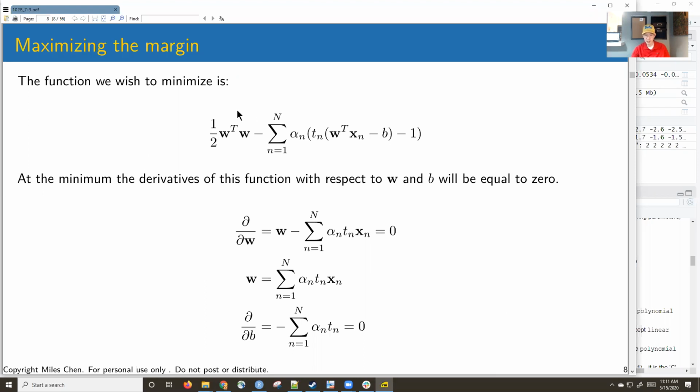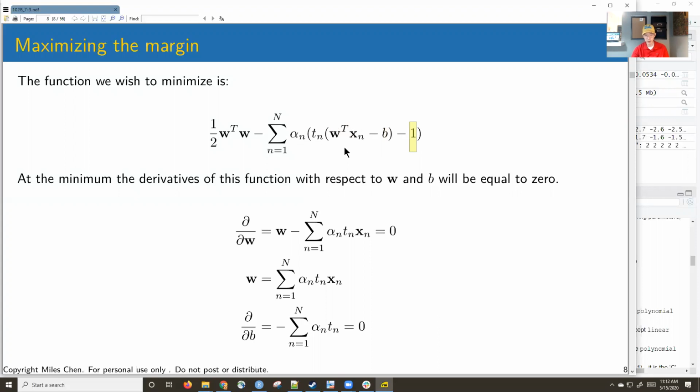So if I take the derivative of this with respect to W, the derivative of W transpose W is 2W, that 2 cancels out with the 1/2, and I get a W here. Then if I distribute the sum of alpha n t n to the two terms inside here, and also this term, well, with respect to W, this is a constant, and this is a constant, so these go away to 0. Basically, I have alpha n t n W transpose x n.